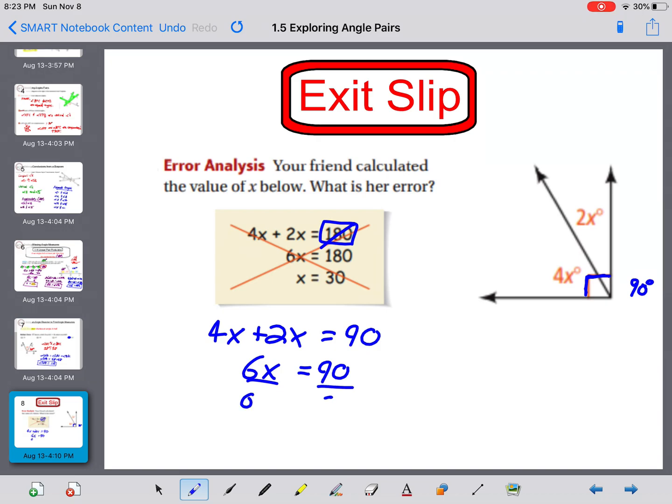We divide by 6 on both sides, and 90 divided by 6 gives us x equals, our 6's will cancel here, and x equals 15.